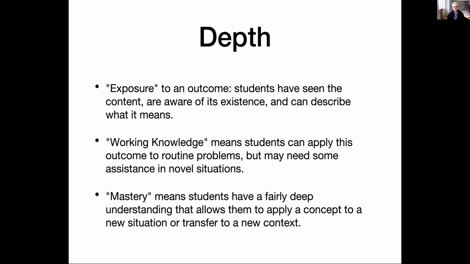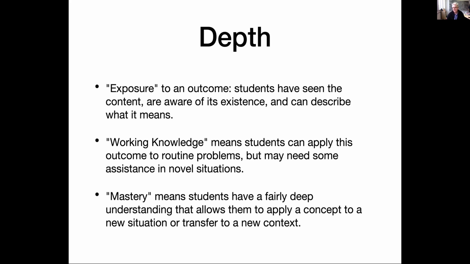Whereas working knowledge is deeper. In working knowledge, students have had multiple exposures in the curriculum to this topic. They've practiced it, and they're able to apply this knowledge to solve routine problems. They might need assistance in novel situations. So again, if we're thinking of programming as a way of understanding this level of depth, people with a working knowledge in a programming language are doing coding.